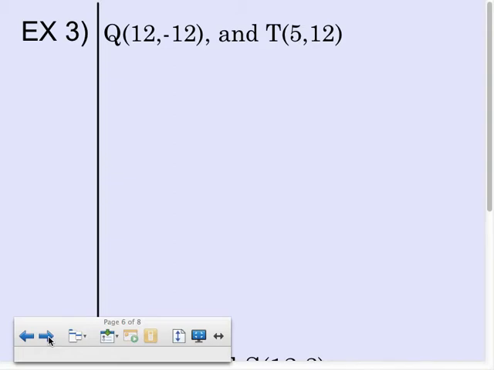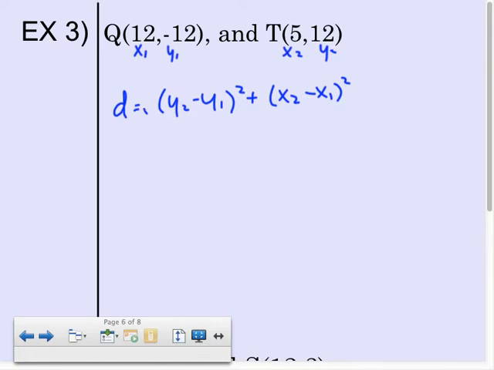So again, I'm going to label them. If you feel like you don't need to label them, that's okay. Just be very careful when you plug them into your distance formula. I always start by rewriting the distance formula, so I make sure I plug the numbers in the right place. So y2 is 12 minus y1, so minus a negative 12.